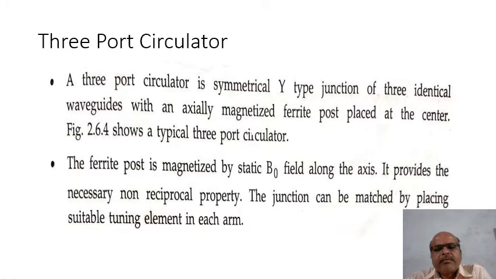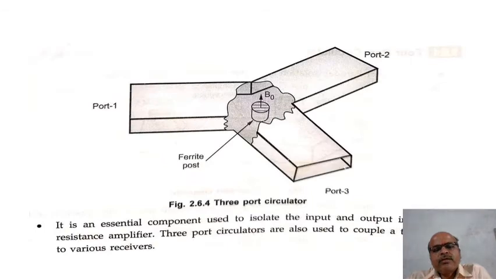The junction can be matched by placing a suitable tuning element in each arm. This is an essential component used to isolate the input and output in a negative resistance amplifier. 3-port circulators are also used to couple a transmitter to various receivers.